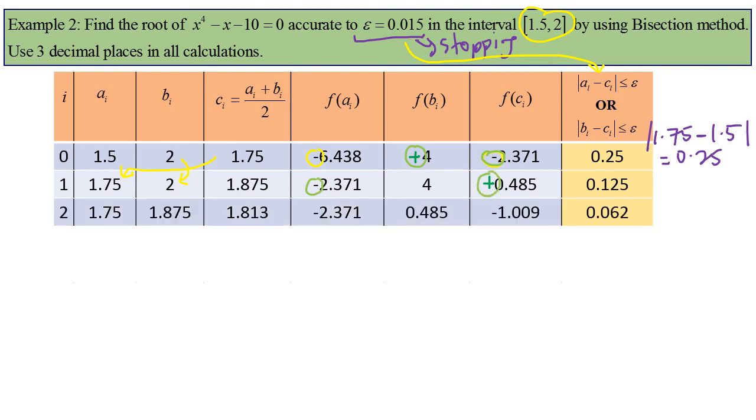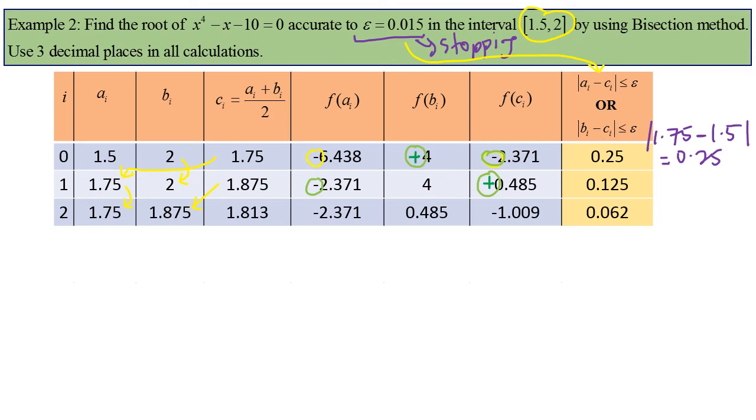So in iteration 2, A remains, and B takes the value of C. Then continue, find C, FA, FB, FC, and then check the value of epsilon. It is 0.062, still not satisfying the condition.